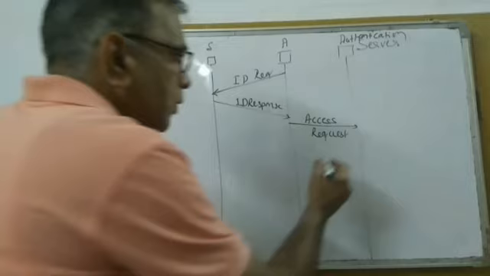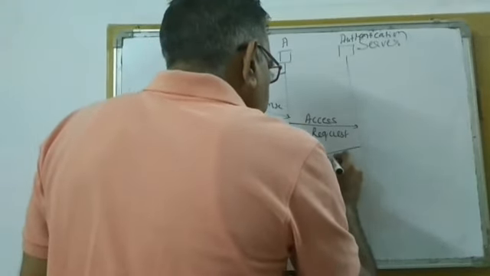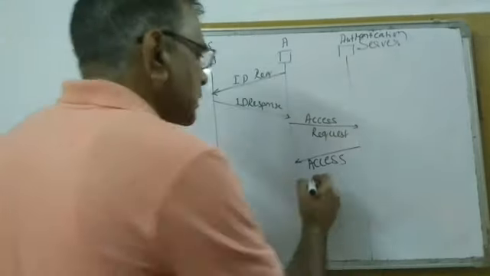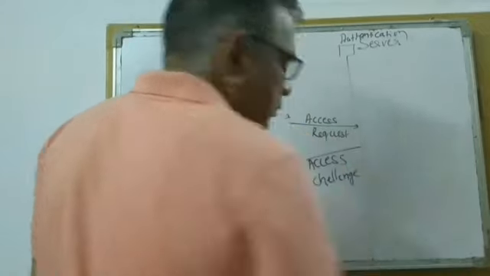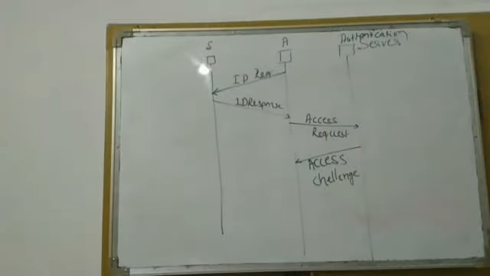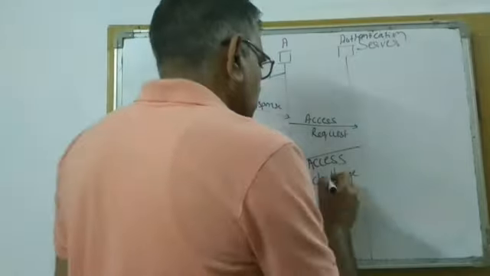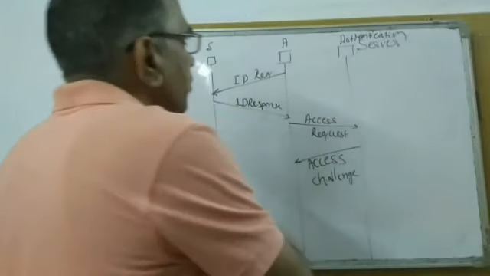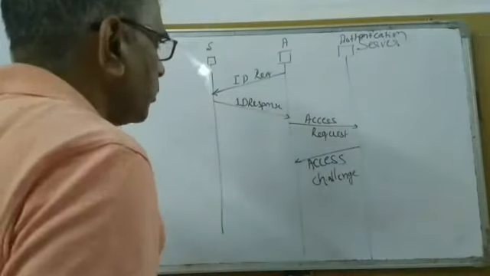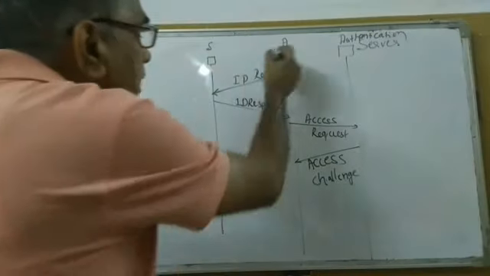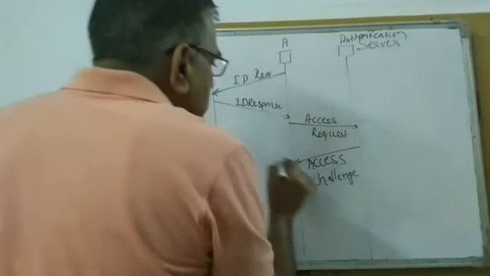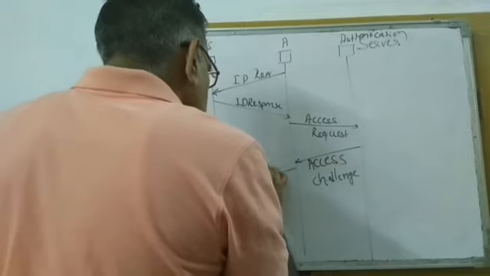For that, the server gives an access challenge and passes it to the AP. Once the access challenge comes to the AP, the AP asks the station for an authentication request.